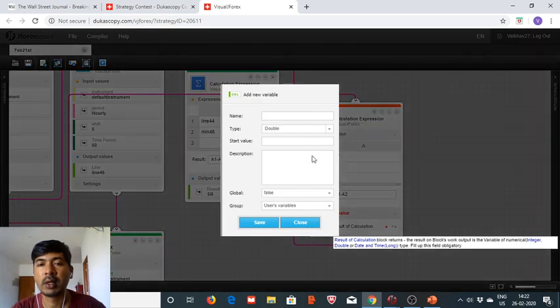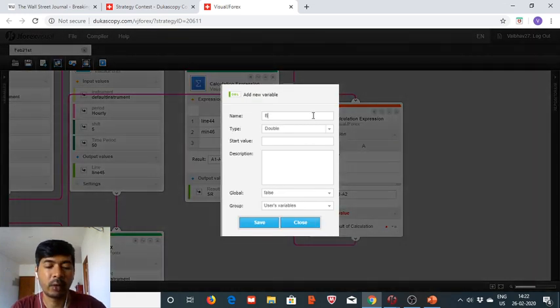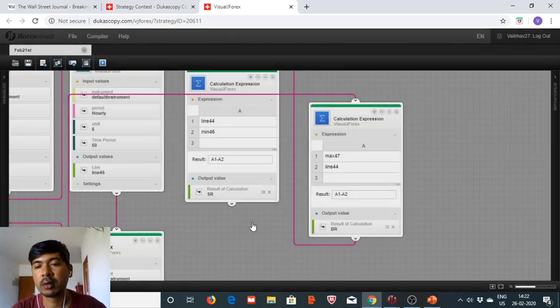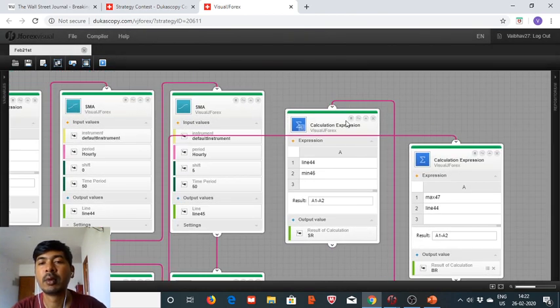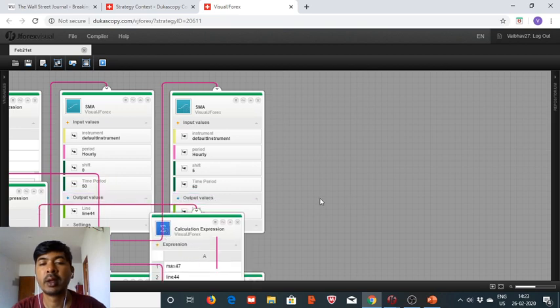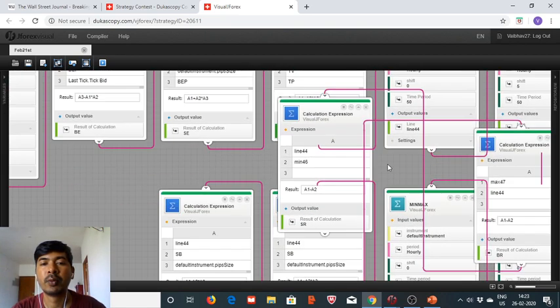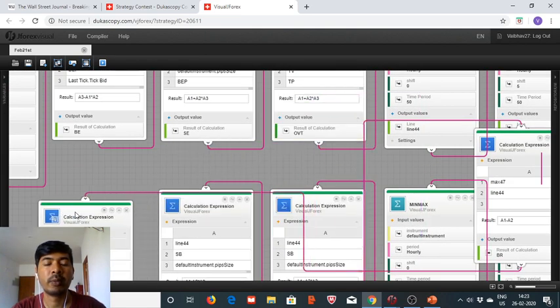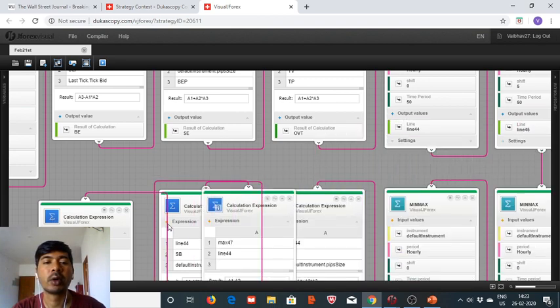So here we write it as BR, buy requirement, BR, save. And now let's take both these indicators to the development which is going on.